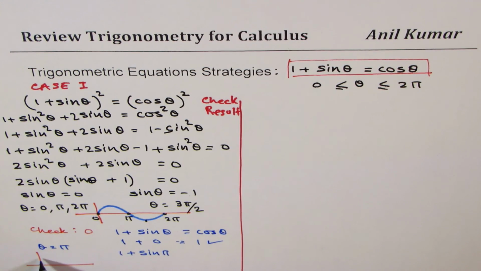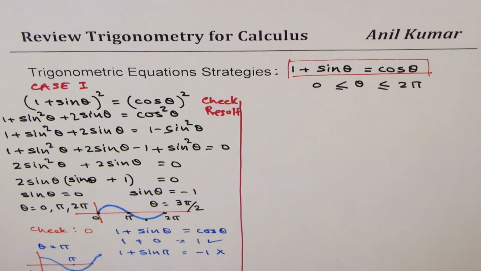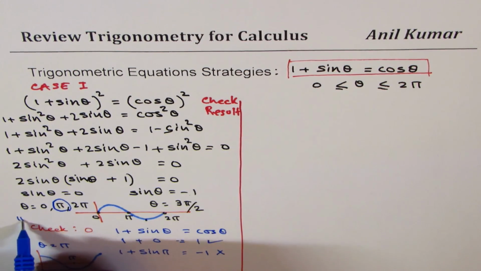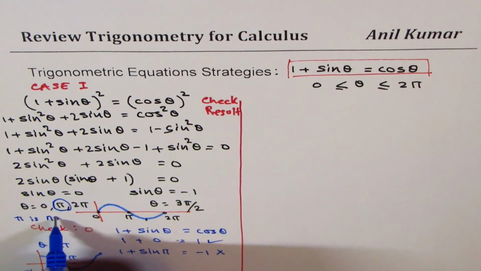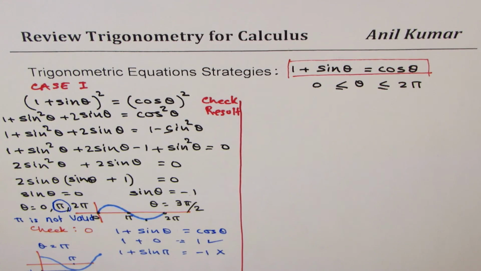For cosine, the graph is kind of like this. You will notice that in the cos function for pi, you get minus 1. So that is not true, and therefore this result is not valid. So pi is not valid. You get an idea, right? So it is important to check the results.